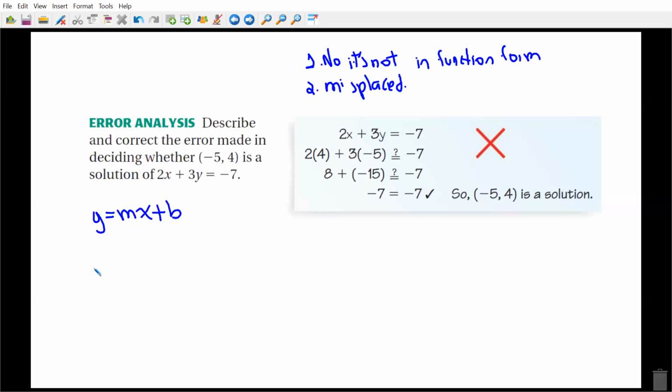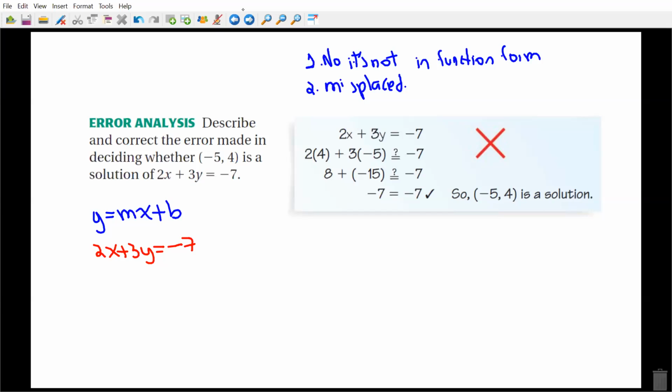And the equation you have is 2x plus 3y equals negative 7. So it's not in function form. Okay, I agree with that. Now, what about the person that mentioned exercise solution 2? It's because they are misplaced.